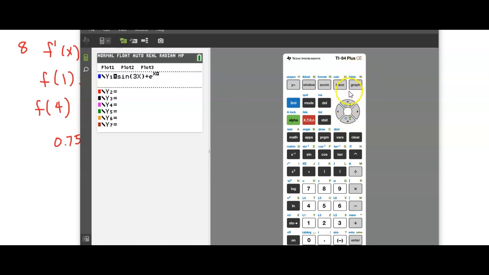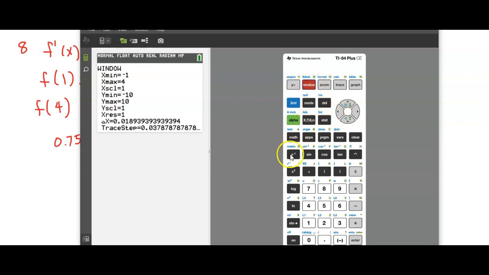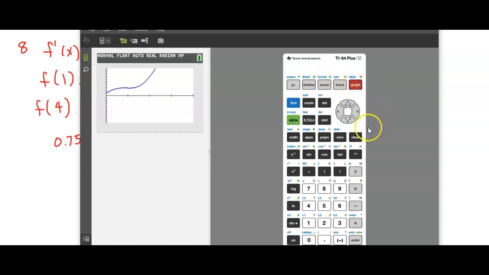All right, now the way I do these, we're going to go from where to where, all the way up to 4. So for my window, I'll just go from 0 to 4. And let's see, I'll just graph it. I guess I didn't graph it quite big enough.